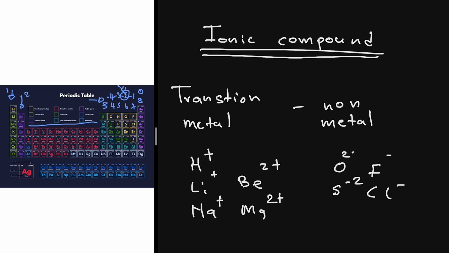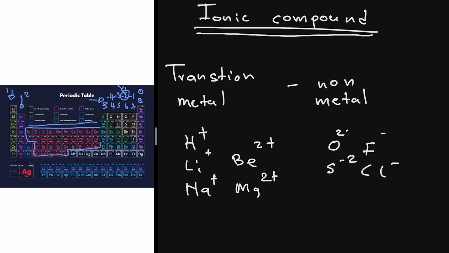So now, all these ions are fixed for metals and non-metals. But when we talk about transition metals, for example, a metal such as iron, an ion can actually have a +2 charge, and it can also have a +3 charge.